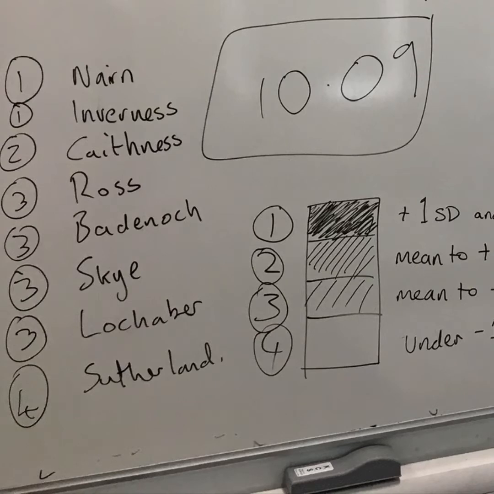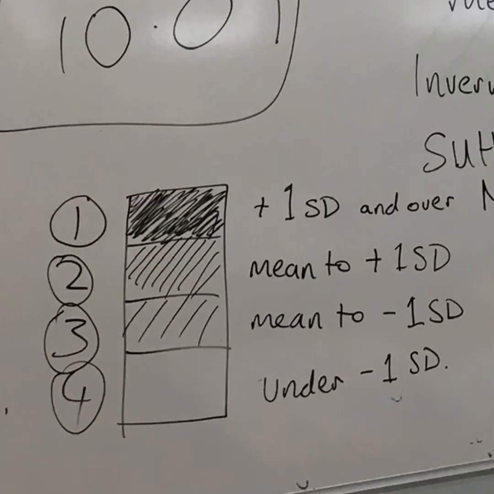-1 standard deviation. So this is the key that we've chosen for our Choropleth map, and it's just a simple monochrome shading, so we haven't had to use any colours, but we're going for the areas of the higher population density, those where it's above 1 standard deviation and over, as the darker shading.